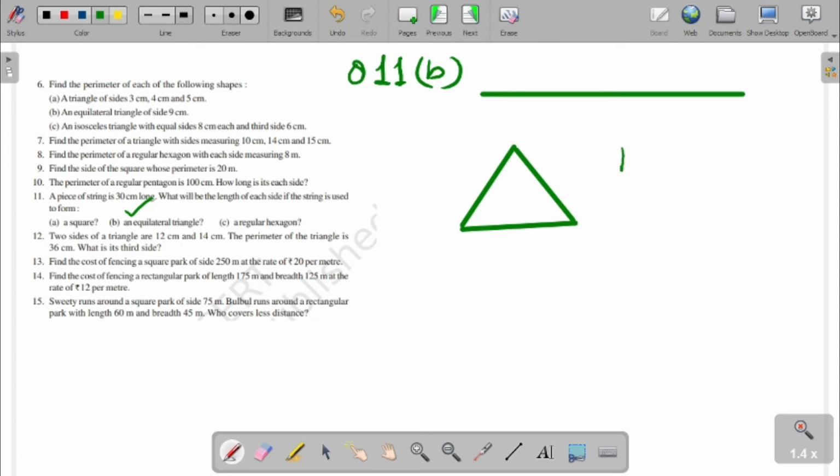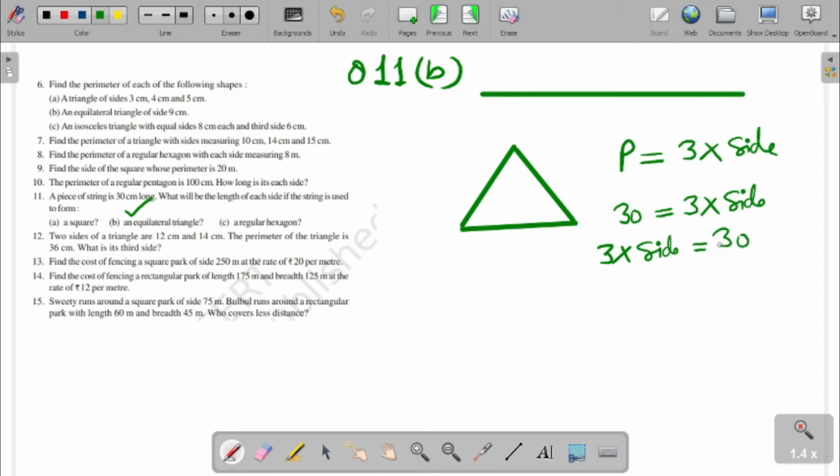So what will be the perimeter? In an equilateral triangle it is 3 into side. So perimeter is given as 30, and this is equal to 3 into side, or we can write 3 into side equals 30, dividing both sides by 3.